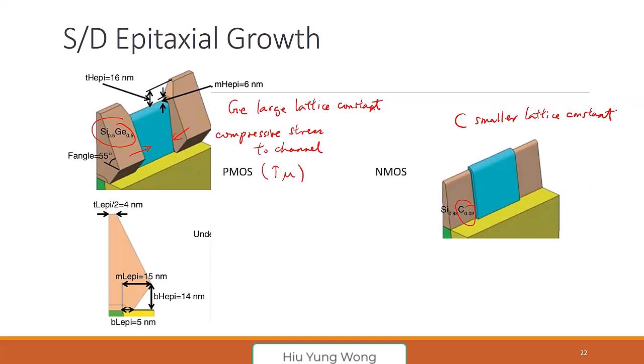When I have a small thing at the source and drain, what do I do to the channel? You try to pull this apart, right? You have a tensile stress. This increases the mobility of hole, and this will increase the mobility of electron. So you have a higher performance FinFET.